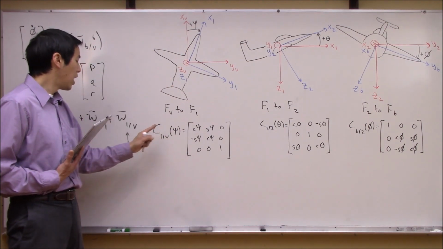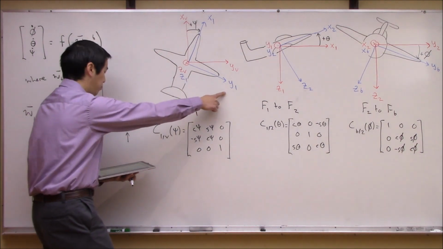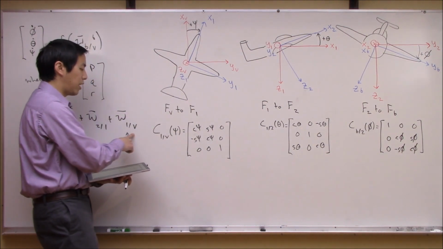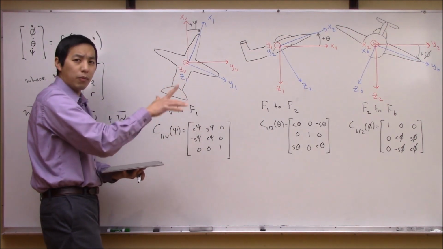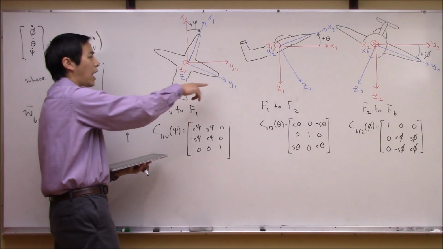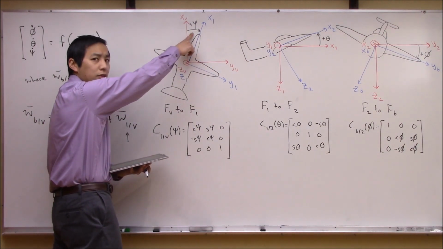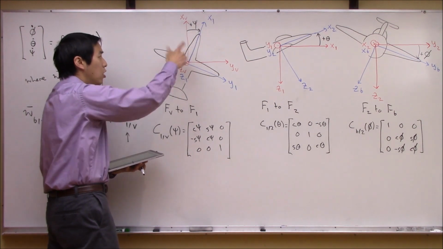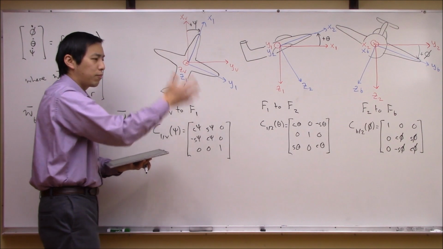We can ask how the 1 frame, drawn in blue, is rotating with respect to the northeast down frame, drawn in red. If you remember, these two frames share a common z-axis, and the 1 frame is just rotated from the northeast down frame through the positive angle psi, or yaw angle. So here's how they are displaced at a given time.